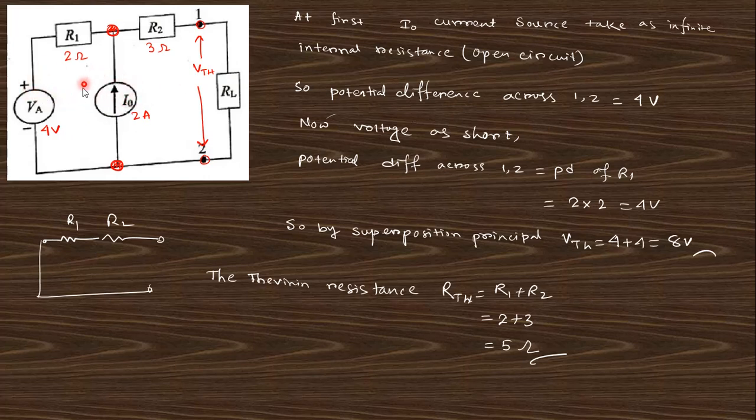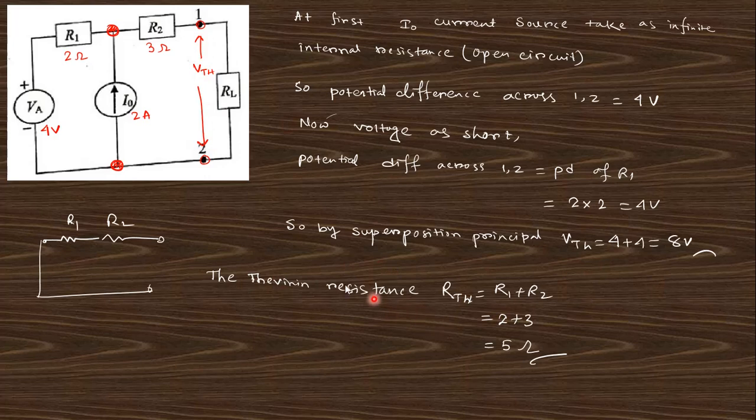Now if you take this current source only, this is shorted, so this current produces a potential difference, that is the current into this resistance, that gives you 4 volt again. So finally you get a total voltage difference of 8 volt.